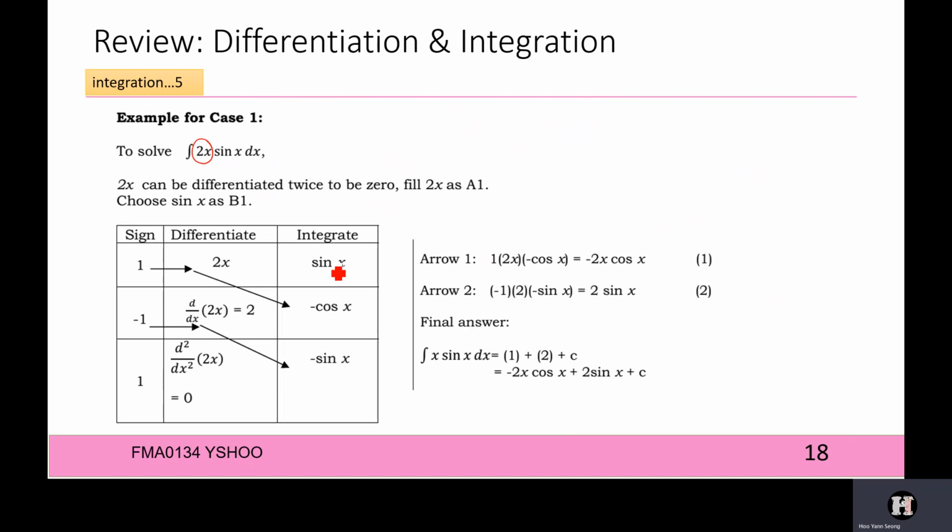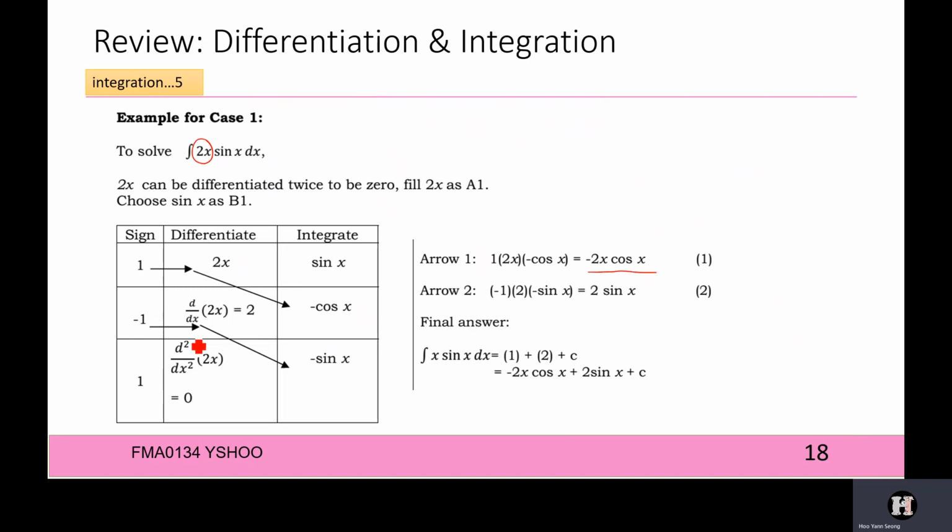And when we integrate sine, it is negative cos. When we integrate cos, it is negative sine. Okay, and this one is a bit magic. So how do you read this table? Start from the sine. Positive multiplied by 2x is 2x. 2x multiplied with the negative cos x, so then you have a negative 2x cos x.